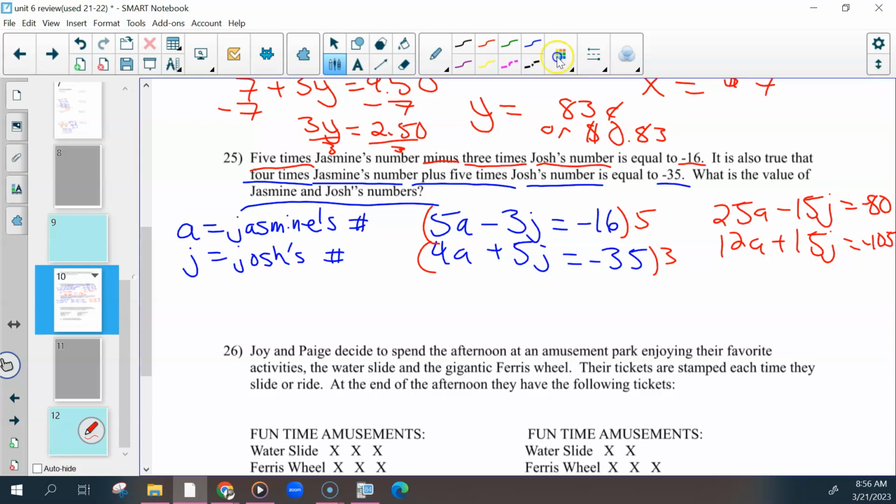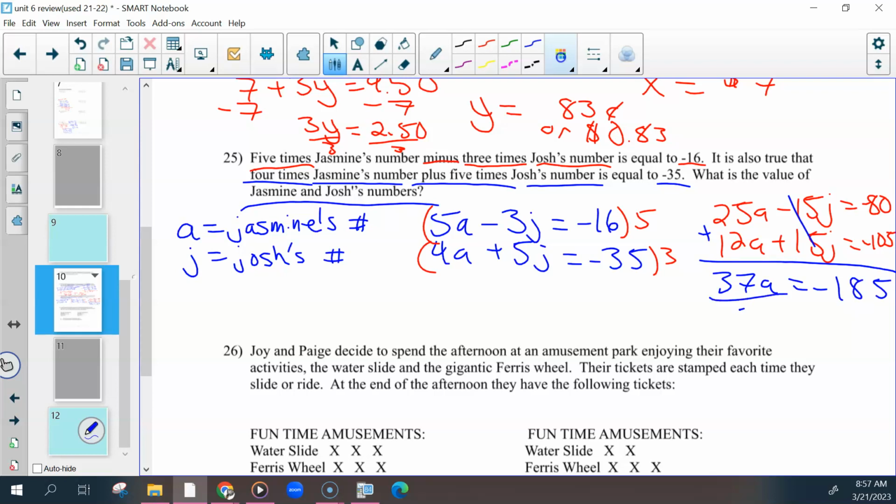And then would we add or subtract our J's together? Different. 25 plus 12 would give us 37. Cancel. This would become negative 185.